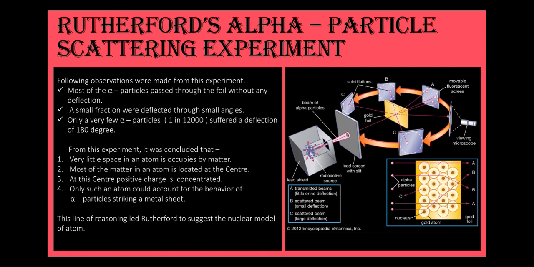Most of the atom is empty space, and most of the mass of an atom is located at the center, where positive charge is concentrated. Only such an atom could account for the behavior of alpha particles striking a metal sheet. So he concluded that a very little amount of space is occupied by the matter in an atom; here the metal is a matter and it is made up of atoms.